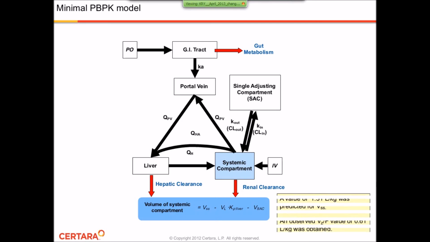Similarly, what we noticed was that using the physicochemical parameters, we had a predicted value of 1.51 liters per kilogram. But even though we didn't have an observed Vss value, we had an observed Vz/F value of 0.61. So quite clearly that was telling us that our predicted volume was out.